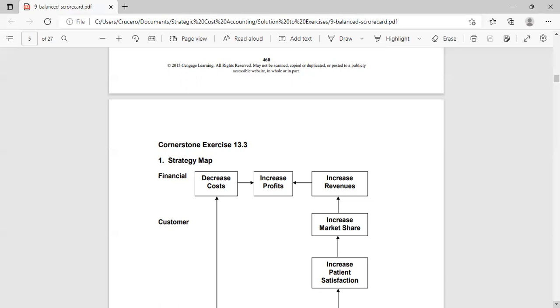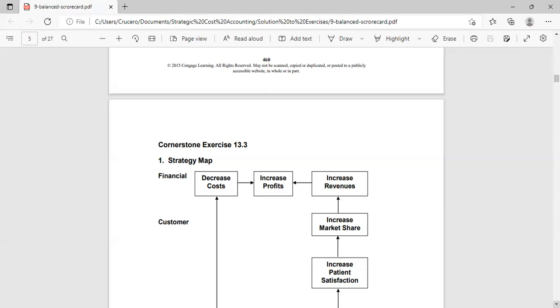So for the strategy map here, we have now, what if profits did not increase to the targeted level.